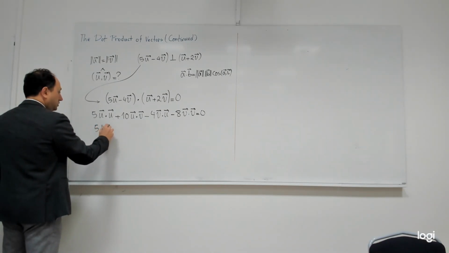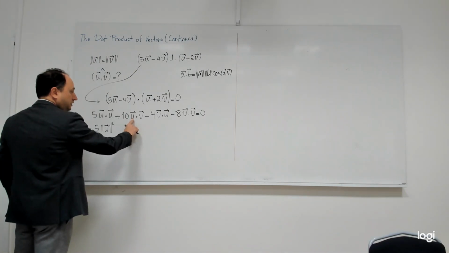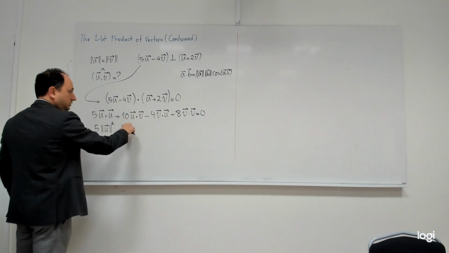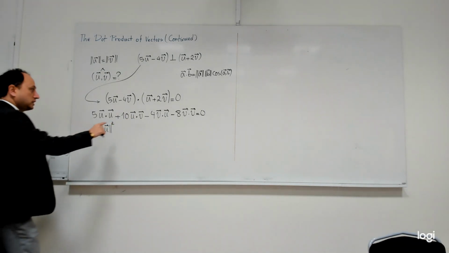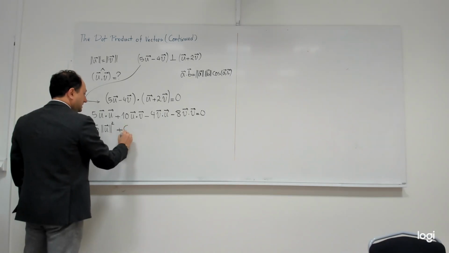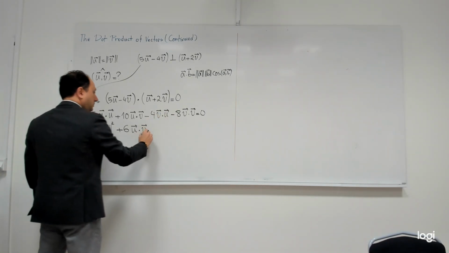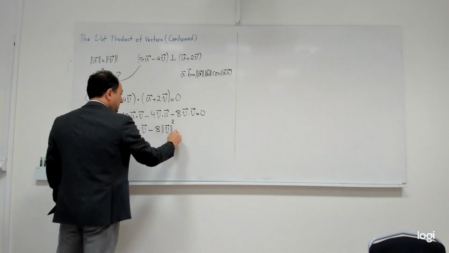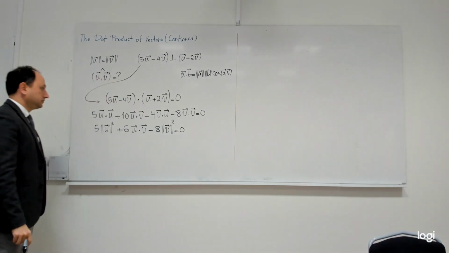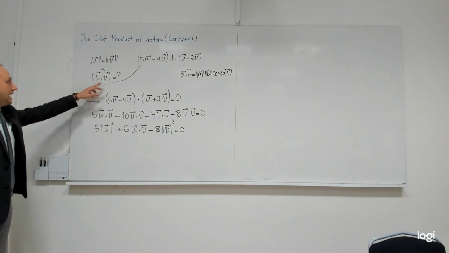But you learned that there is no difference between u dot v and v dot u. This operation in the set of vectors is commutative. So then I can write it simply as 6 u dot v, and then I have minus 8 norm of v squared, and that's equal to 0. Yes? But still, my question mark is the angle between them.